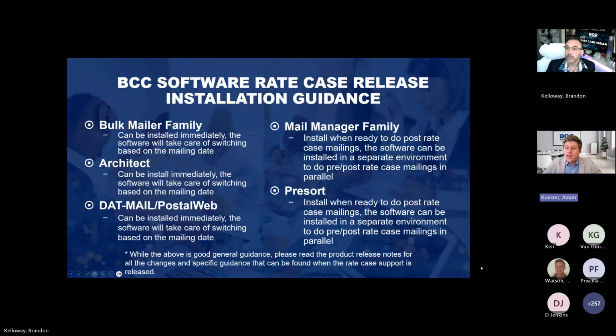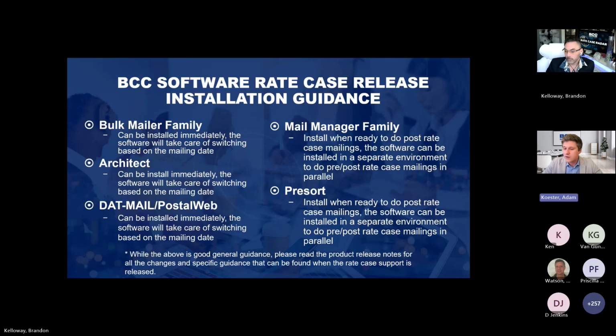All right. And then just one last piece here. I know this is one of the more common questions that we get, and here's some general guidance and reminders for what BCC software needs to pick up. For our Bulk Mailer family of products, for our Architect family of products, and for our DatMail and PostalWeb families of products, when can you install that software is the question, right? Because those products work on a mailing date basis, and the release that supports the rate case can be used for previous rates as well.